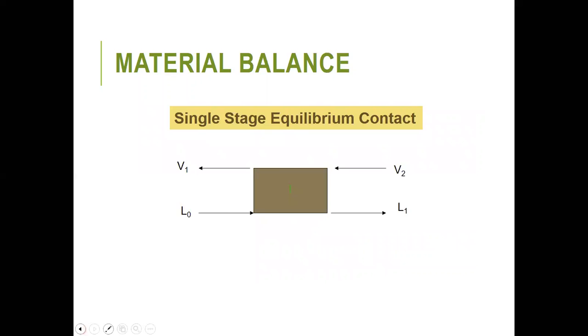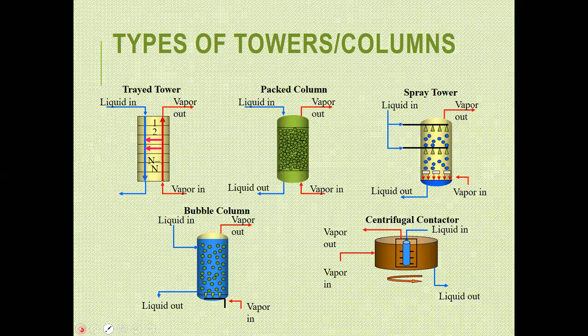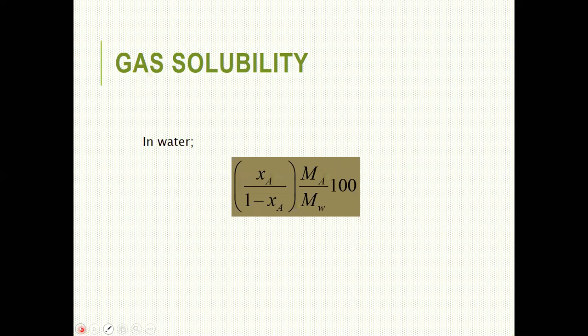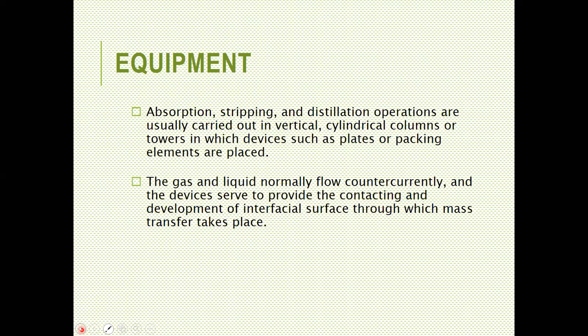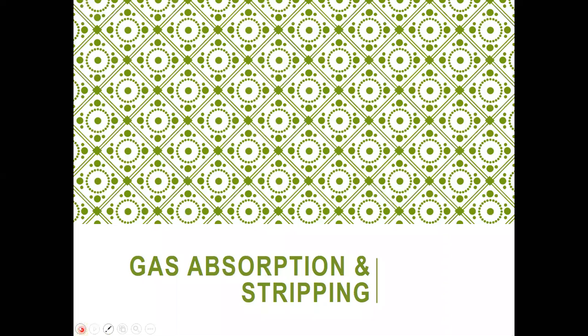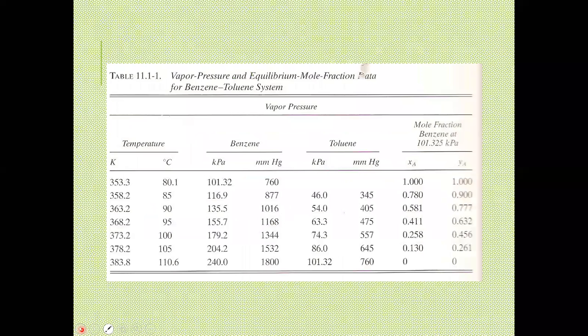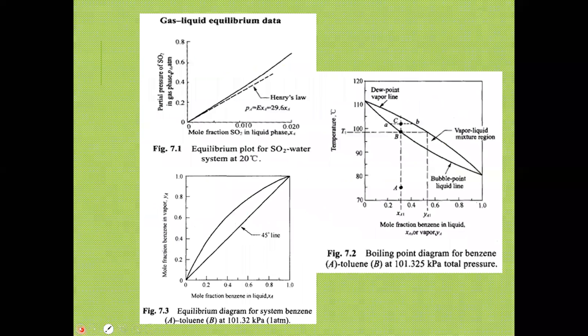This figure gives you the actual relationship between the mole fraction of SO2 in the liquid phase and that in the gas phase, and how Henry's law simplifies such a relationship. This is the figure that is being referred to in the problem.